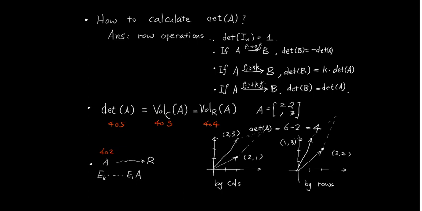Make sure the first action is the closest to A. You apply several actions, then it becomes the matrix R. If you wish, you can move all the things to the right-hand side using the inverse matrix or the reversed action, so that R is equal to F1, F2, up to Fk, where Fi is equal to Ei inverse.